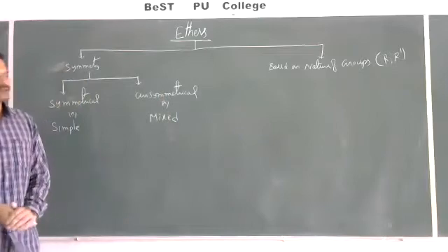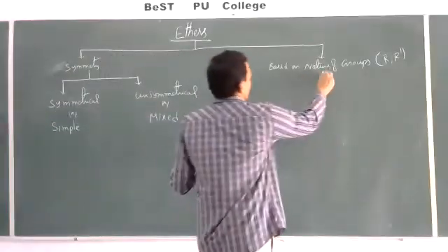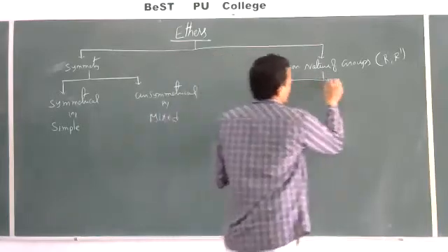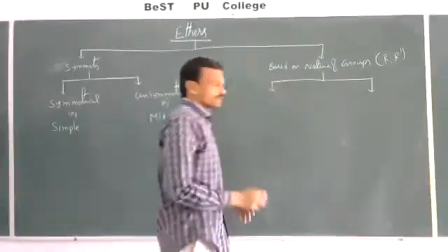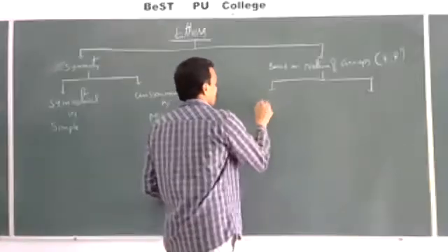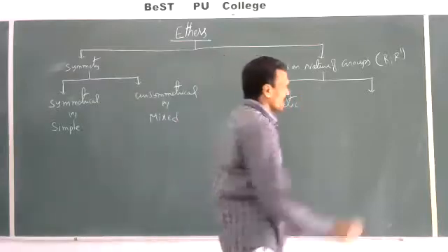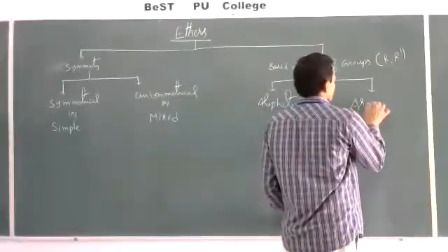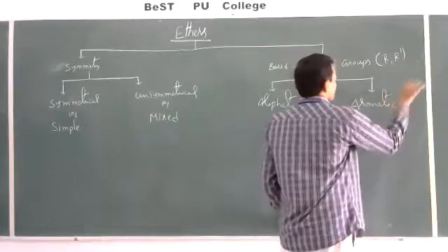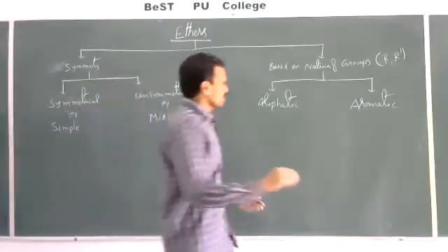Simple ethers and mixed ethers. Okay. Now, based on the nature of the alkyl groups, or the nature of the groups attached to oxygen, these are classified as aliphatic ethers and aromatic ethers.